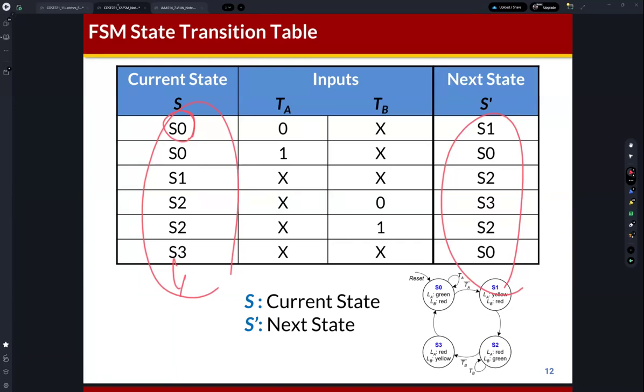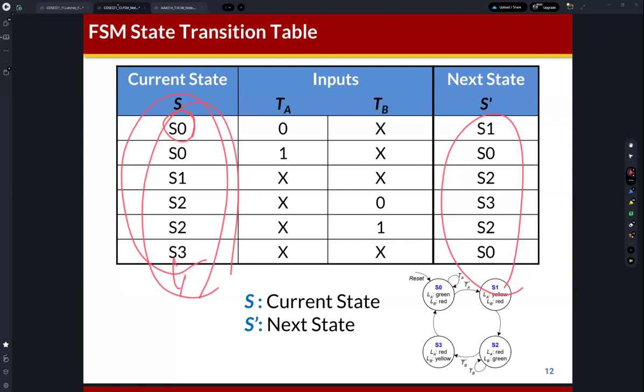But these are not digital signals, right? So we need to represent these state names as digital signals, digital values, like 0 and 1. We need to use zeros and ones.